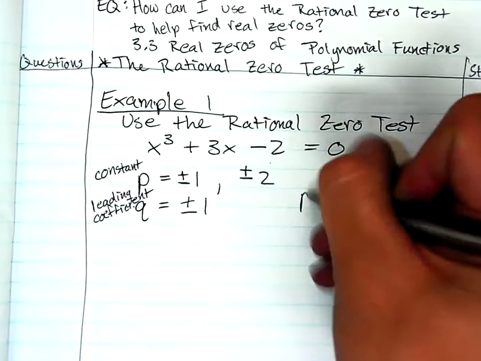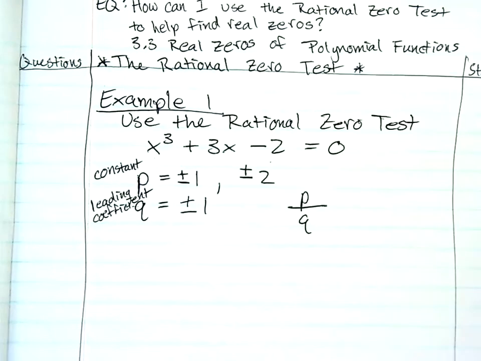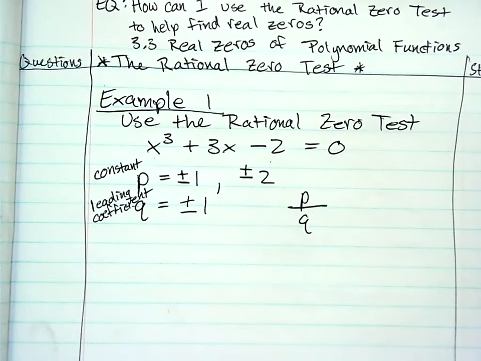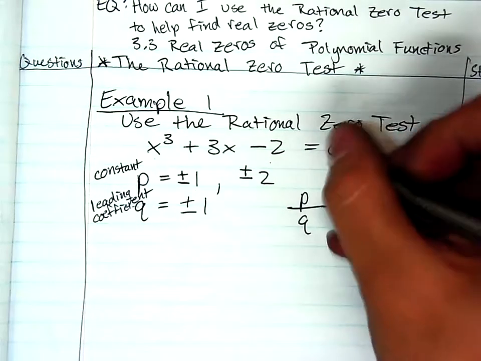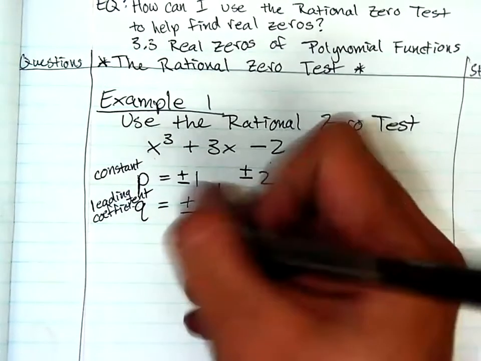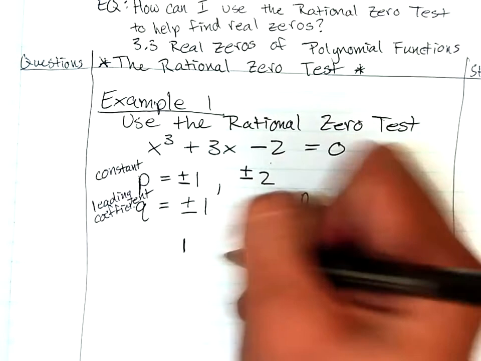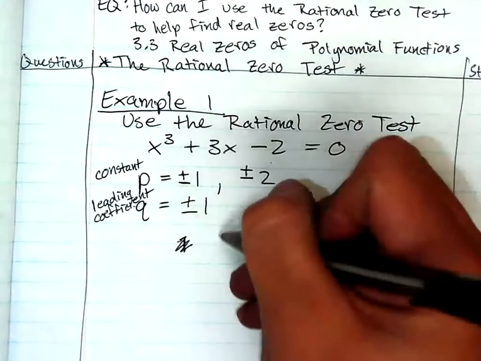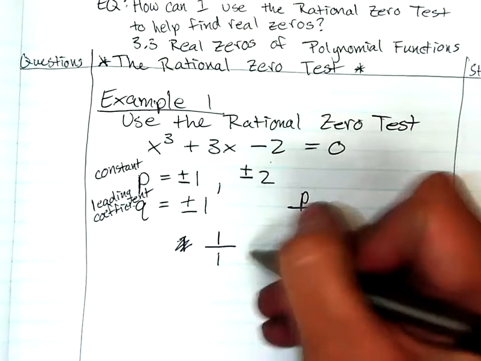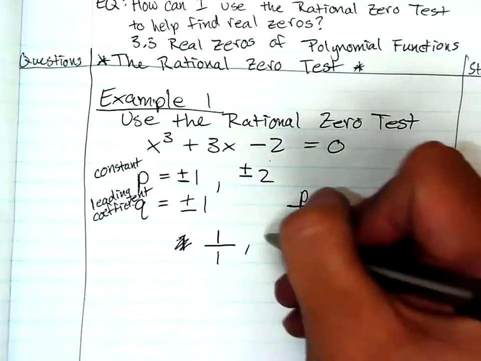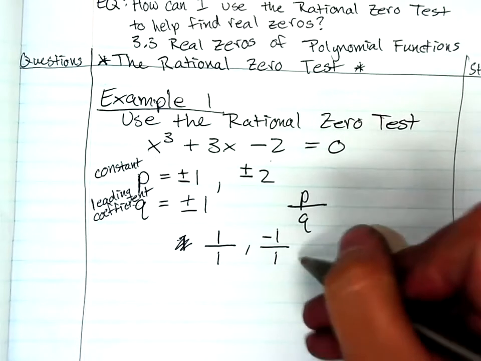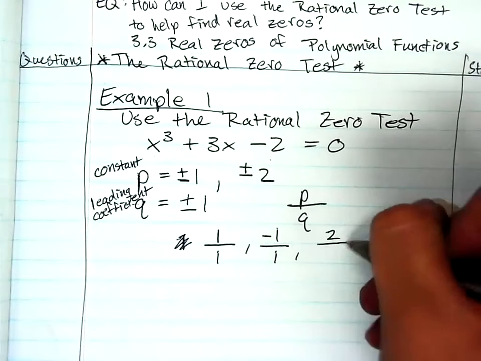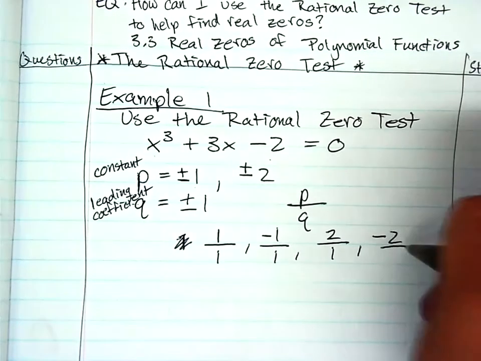Here, you're going to have to find out what P over Q is, and we have to test every single one of them. Okay, so P over Q could consist of positive 1. Let me write it out. So let's say I use the positive 1 over positive 1. Then I have negative 1 over positive 1. 2 over positive 1.